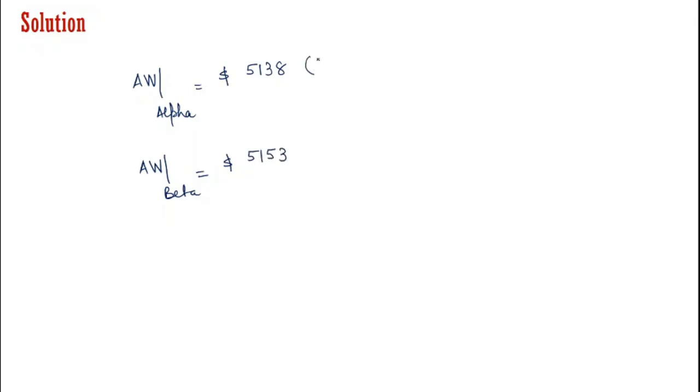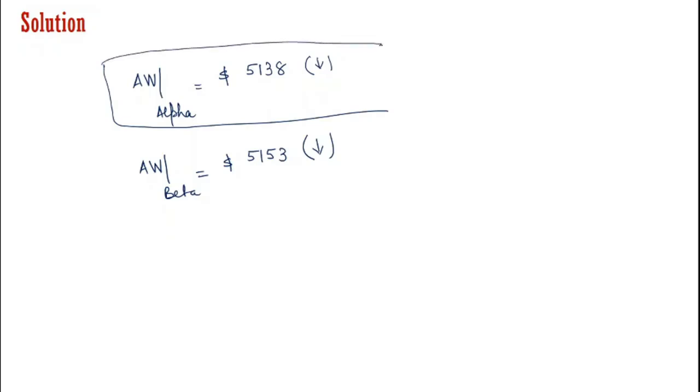Now both the transactions are in the downward direction, so that means it is a kind of expenditure. So the preferred option is the one where we have less expenditure, and if we compare the two, this will be the preferred one, because the expenditure is less for model alpha as compared to model beta. So this is the preferred option or alternative.